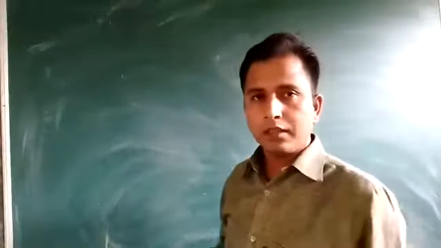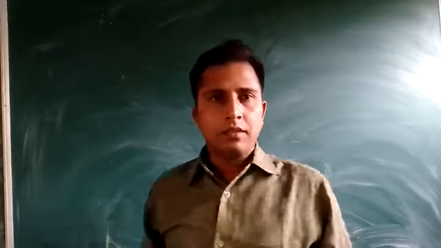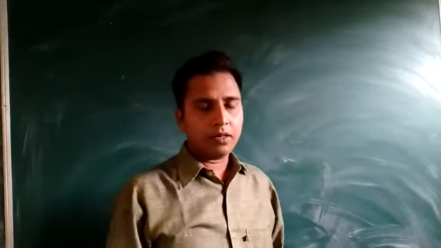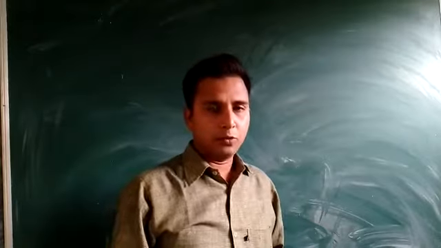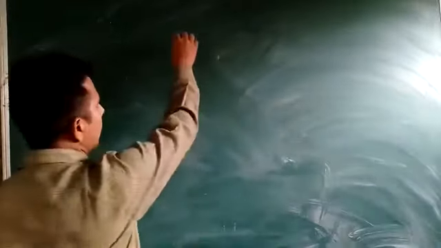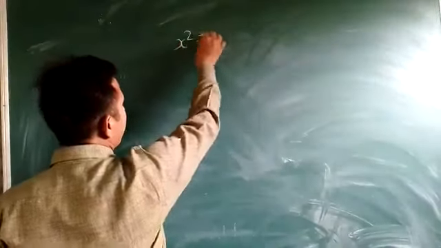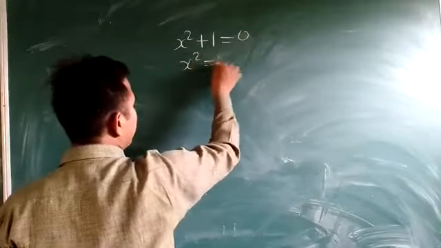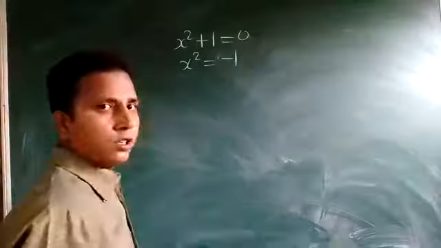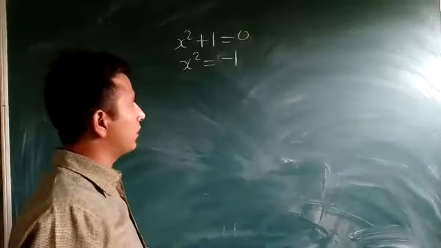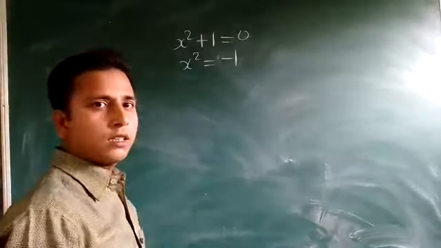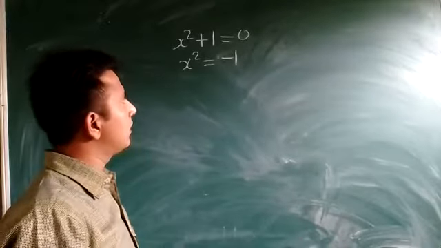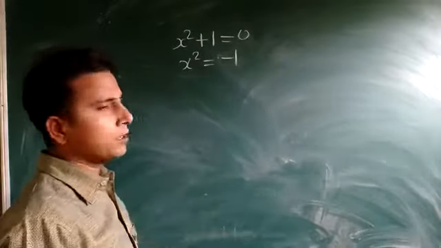We know that the square of every real number is positive. So if we solve x square plus 1 equals 0, then we get x square equal to negative 1. This is not a real number because the square of each real number is positive.